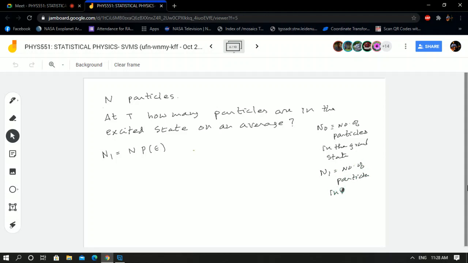Needless to say, n0 plus n1 should be the total number. So n1 should be written as N into p of n. So what is p of n? It is a distribution function. So what is that equal to?